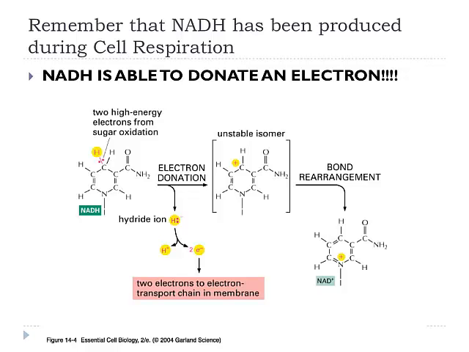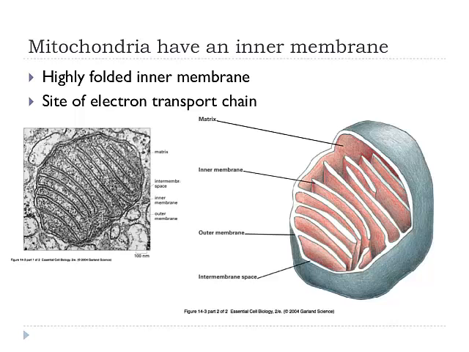So with all that, those electron carriers that were produced either by glycolysis or then inside the mitochondrial matrix by the citric acid cycle. So glycolysis is happening outside of the mitochondria.